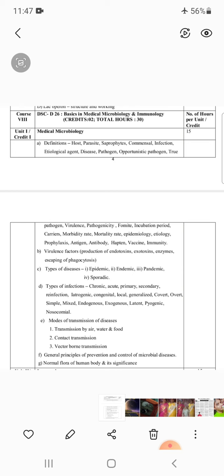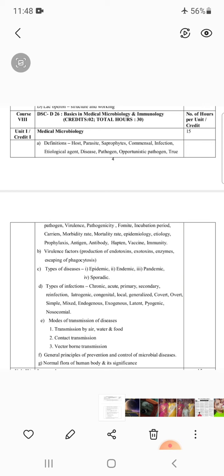Endogenous infection, when it arises inside the body, is known as an endogenous infection. Next one is exogenous infection. When it arises outside the body, it is known as an exogenous infection. Next one is latent infection. A particular virus has a latent period where it does not cause any infection but only grows there, known as a latent infection.